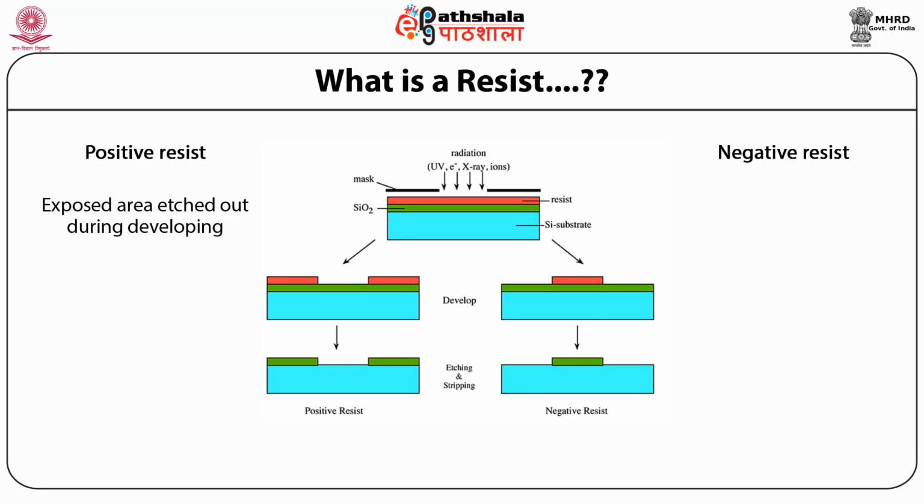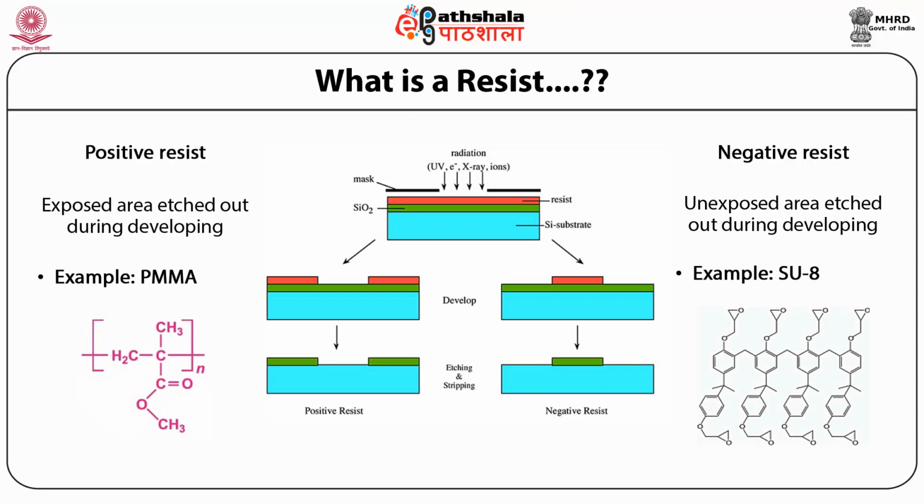For a negative resist, the unexposed area is etched out during developing, and the example is SU8. As you can see in this figure, for a positive resist, this red portion is etched out, and for a negative resist, the corner portion is etched out rather than the central one.